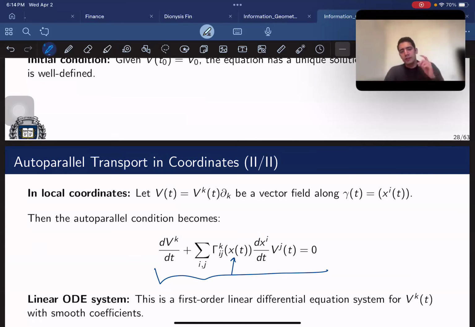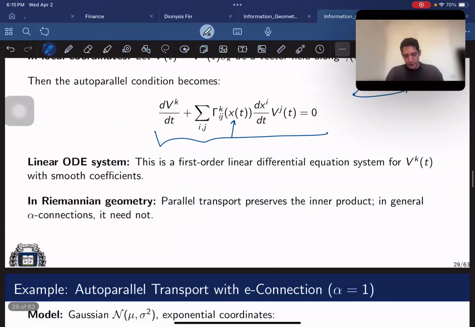So given any point and any curve, and any vector, you can come up with the autoparallel transport of that vector. So we already know how to solve this. We're going to ask an ODE solver, and it's done.